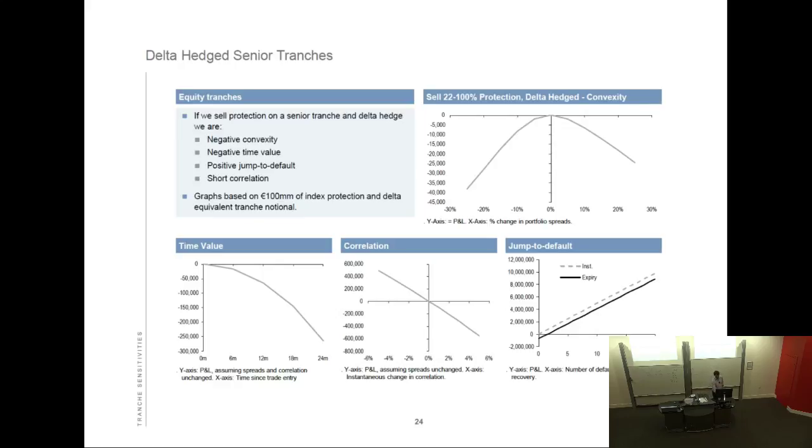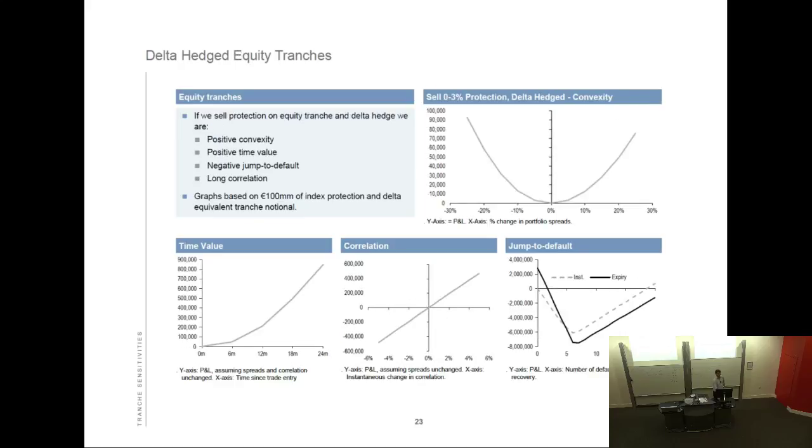And if you now think about an equity trade, the equity trade is in many ways the inverse of the tranche trade when delta hedged, because you can think of an equity tranche as just index minus super senior. So all the derivatives, like the delta, like the convexity, are just the complete opposite.